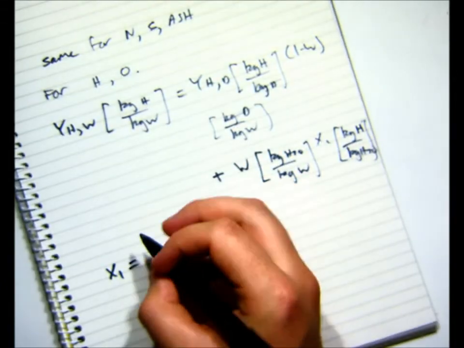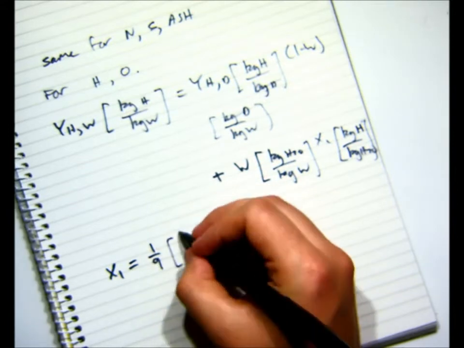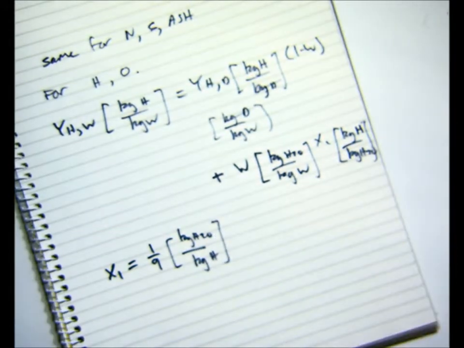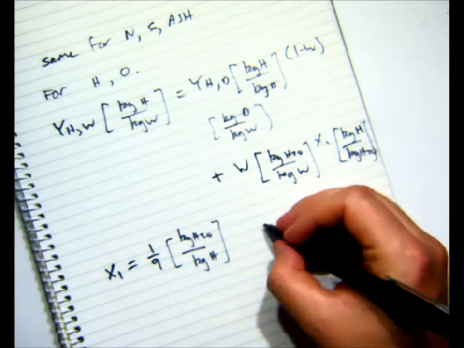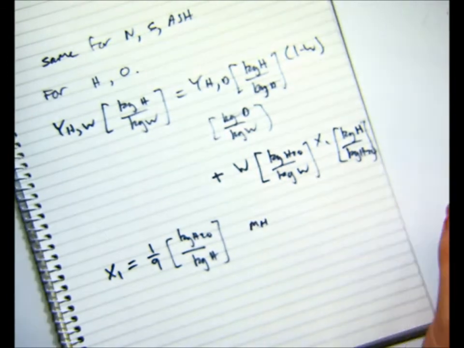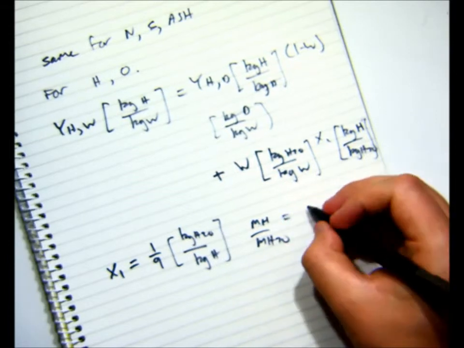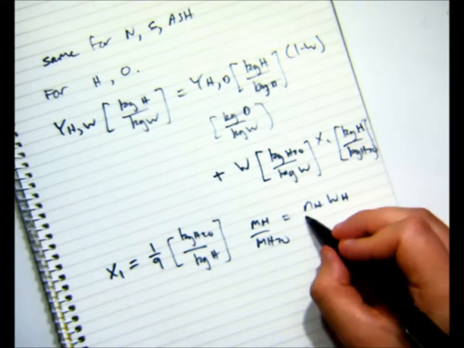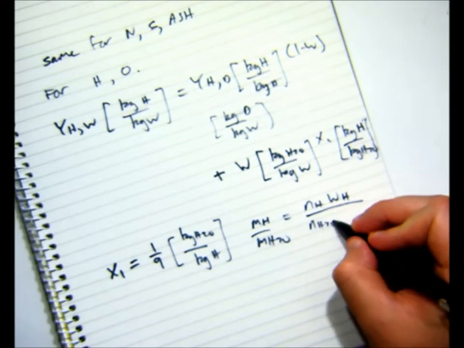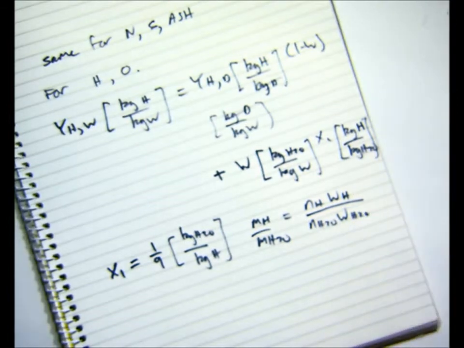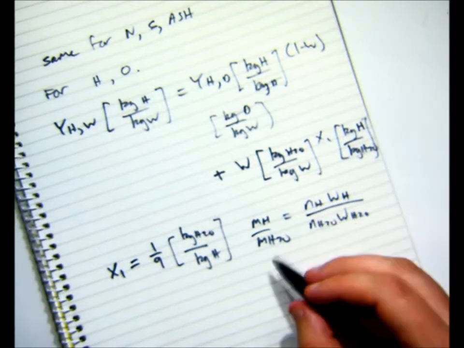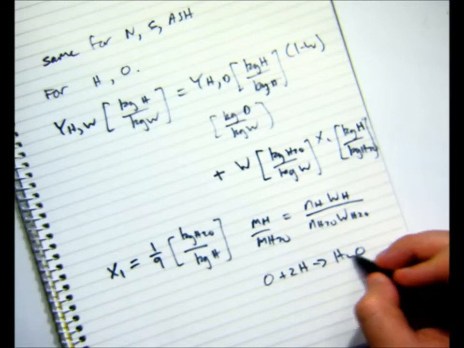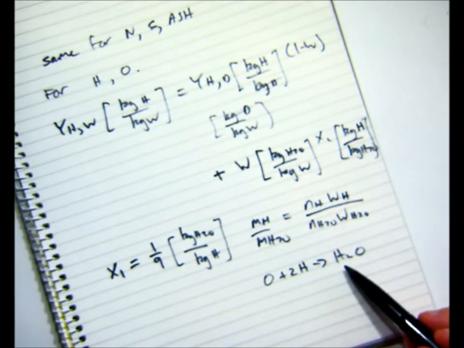Don't just take my word on it, but this will be 1 on 9, with units kilogram H2O per kilogram H. And the way you figure this out is it's just M of H over M of H2O, which is N_H W_H over N_H2O W_H2O. So this W here is molecular weight, and these mole ratios are the mole ratios that appear in this equation. So 2 hydrogen, 1 water.